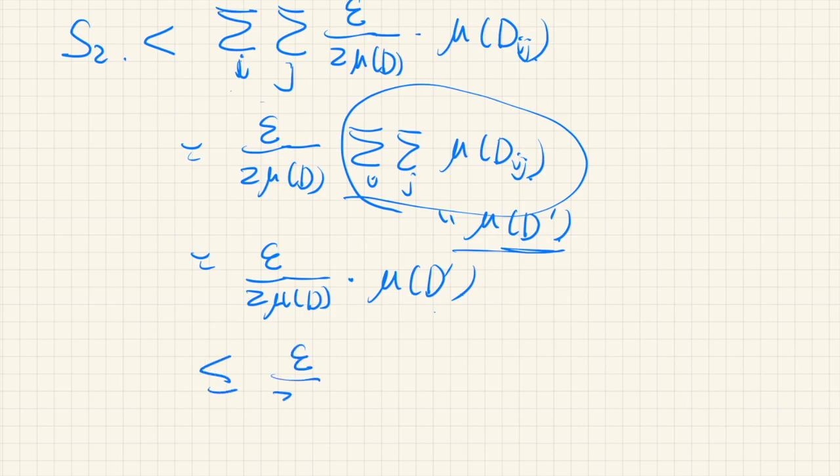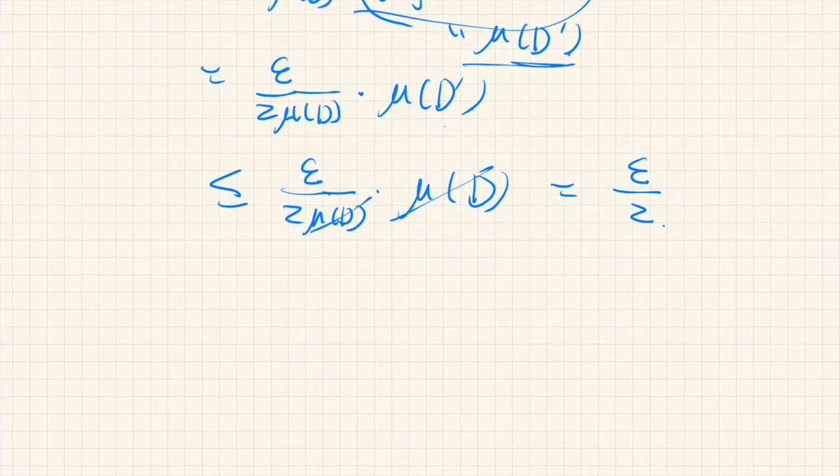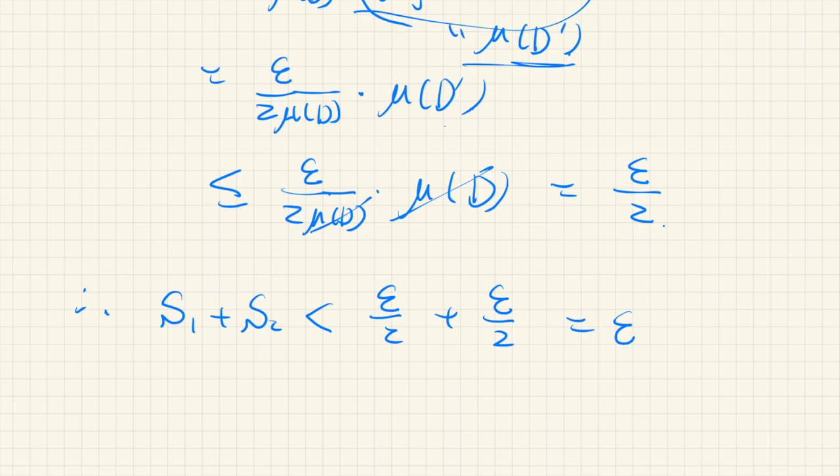So we have epsilon over 2 mu of d times mu d. So we can cancel this to have epsilon over 2. So combining S1 plus S2, we have epsilon over 2 plus epsilon over 2, which is epsilon. But epsilon was any positive real number. Therefore, we have proved that the upper Riemann sum and lower Riemann sum converge to the same value. And we are done.